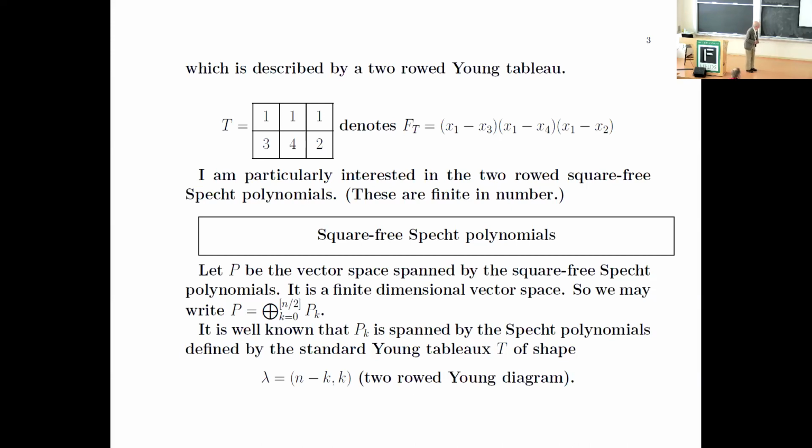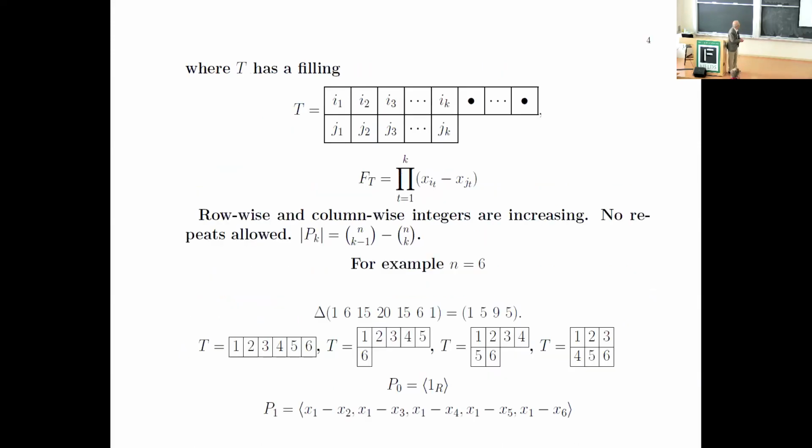It is well known that P_k is spanned by the Specht polynomials defined by the standard Young tableaux of shape lambda, a two-row Young diagram, where T has a filling like that. This is the most general expression for such a polynomial.